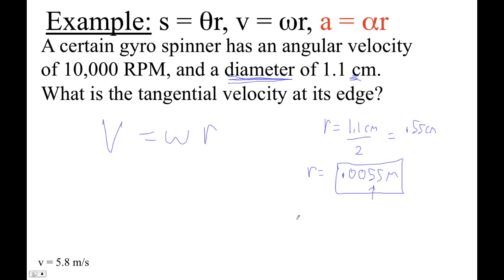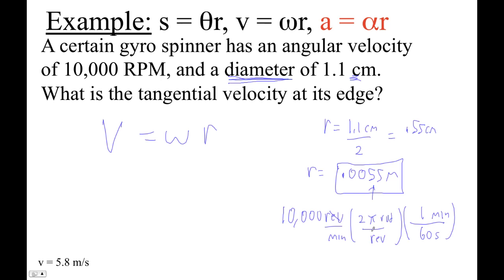And then omega, we've got to figure out omega. It's 10,000 RPM, but that's just not going to do it because we have to have radians per second. So 10,000 rev per minute multiplied by 2 pi rad per rev, and then multiply by 1 minute over 60 seconds.